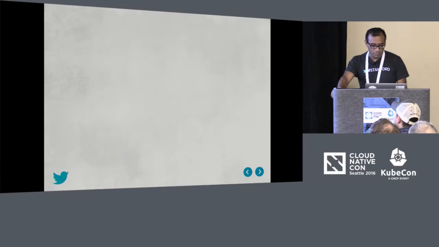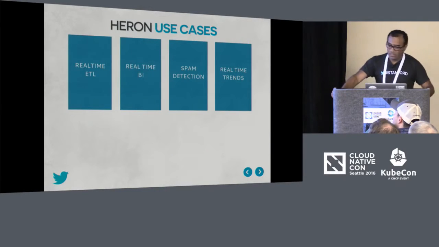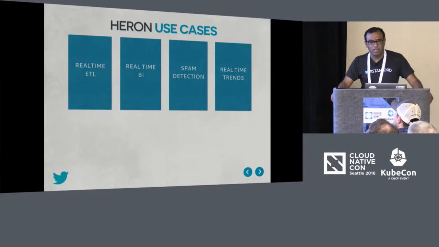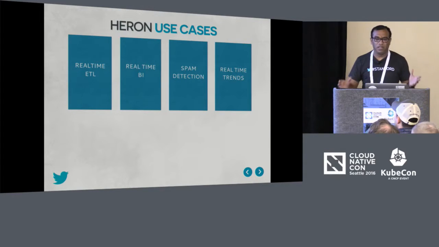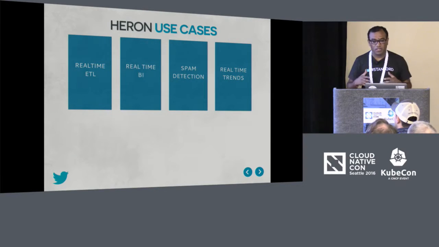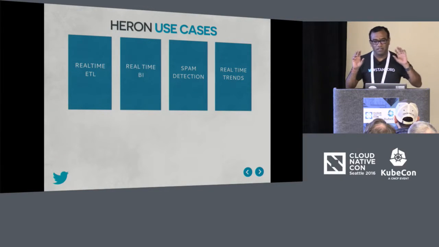Some of the use cases broadly involve real-time ETL, that is, extract, transform, and load, where the data is transformed and loaded into some other destination systems. And real-time BI. One application is when people are interacting with Twitter from a website or mobile phones or different countries, you can continuously view them at a second granularity to see where the traffic is spiking.